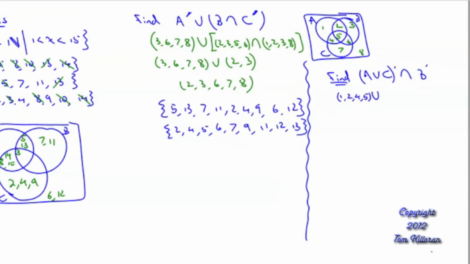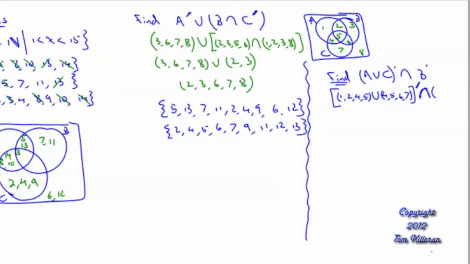Union. Don't forget the symbols that come with this. You can't just drop them and come back to them later. You'll forget them. What's C? 4, 5, 6, 7. Now, the last symbol that you better not forget is this complement sitting on the outside. Now, what's B's complement after the intersection?